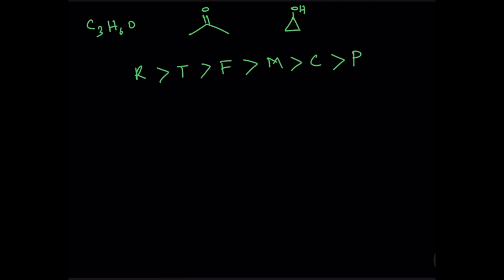So in an exam, if they are asking whether these two molecules are examples of functional group isomers or ring chain isomers, you have to choose the ring chain isomers. You should not select it as functional group isomer. They are indeed functional group isomers, but we have an order here. So the order is RTFMCP. That's the order you should follow.